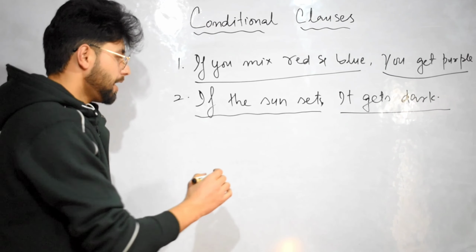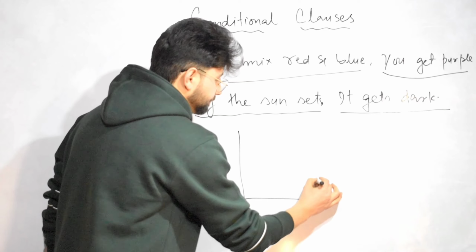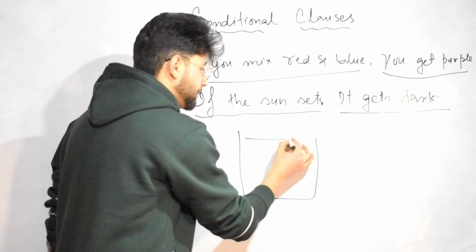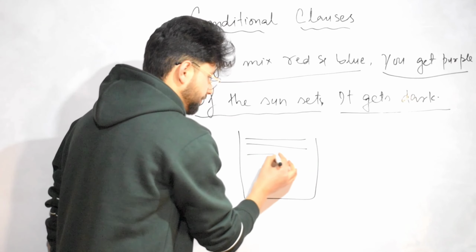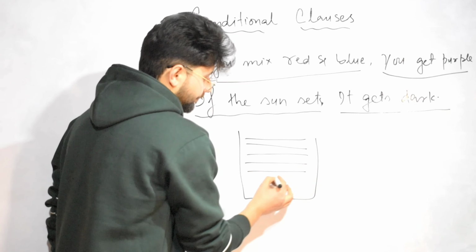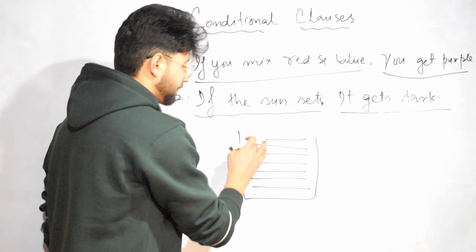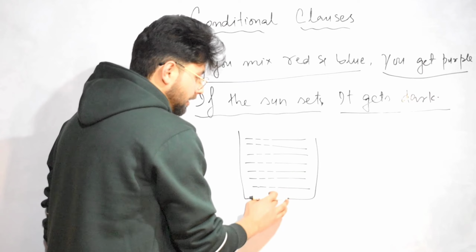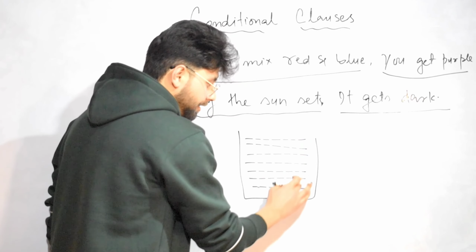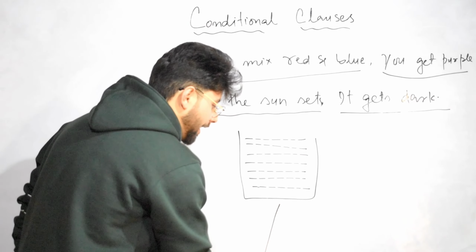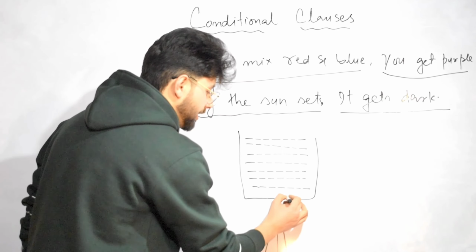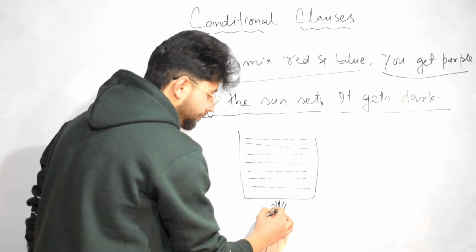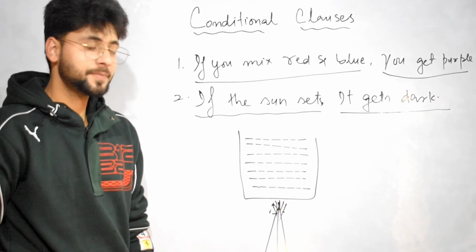Tell me, if here is a beaker, alright, and this beaker contains water. And we put this beaker on any kind of lamp. So here is some kind of lamp, alright?